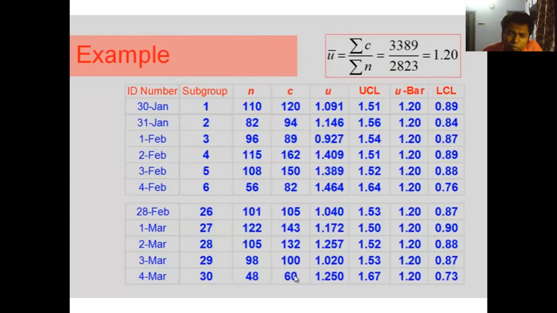In case of the P chart or NP chart, the number of defective items you plot cannot go beyond your subgroup size.